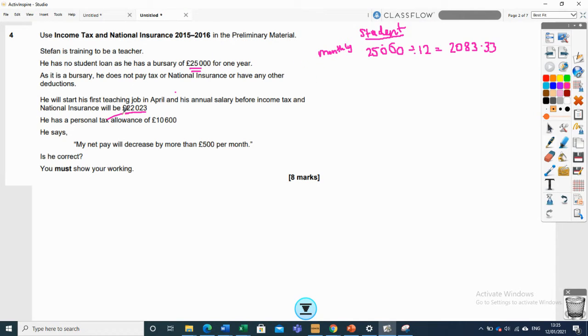Now he's a teacher. This is his salary. So monthly, gross pay this is. Divide that by 12. £1,835.25.